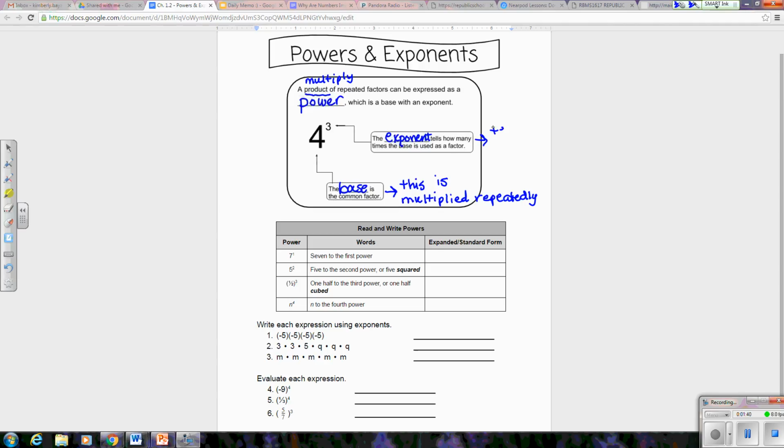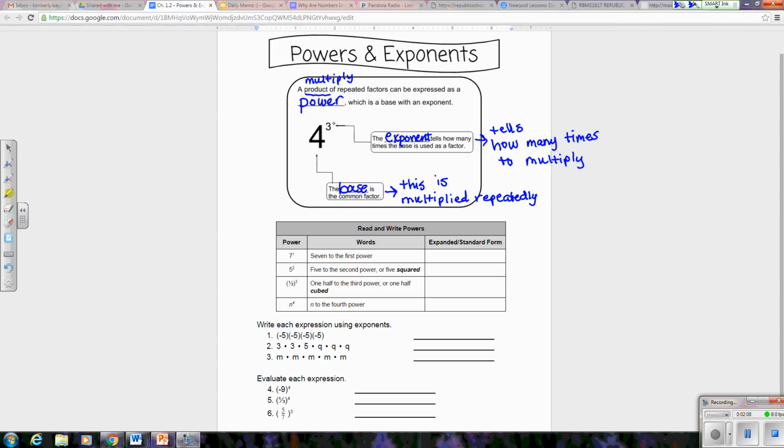So we can put here, tells how many times to multiply.